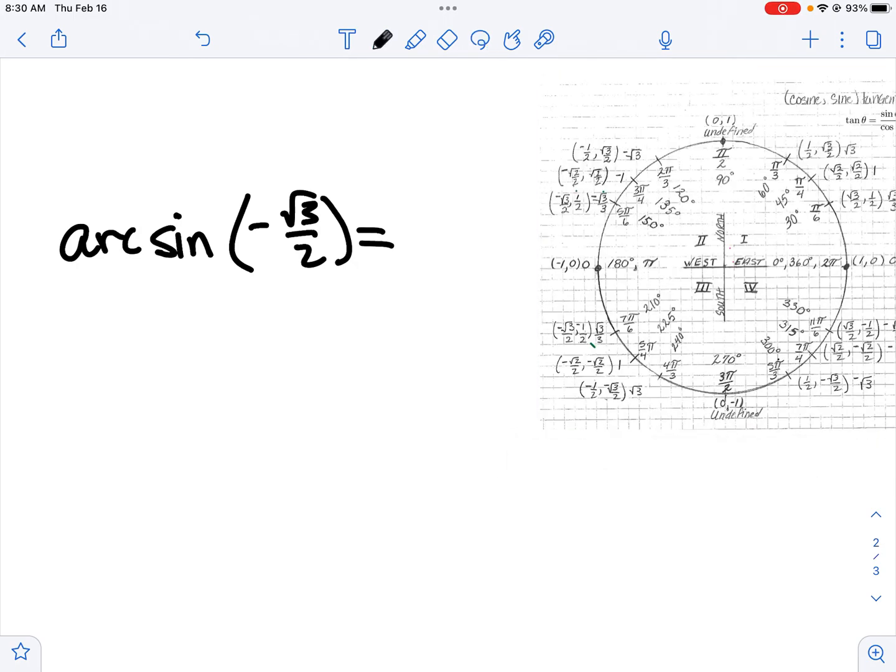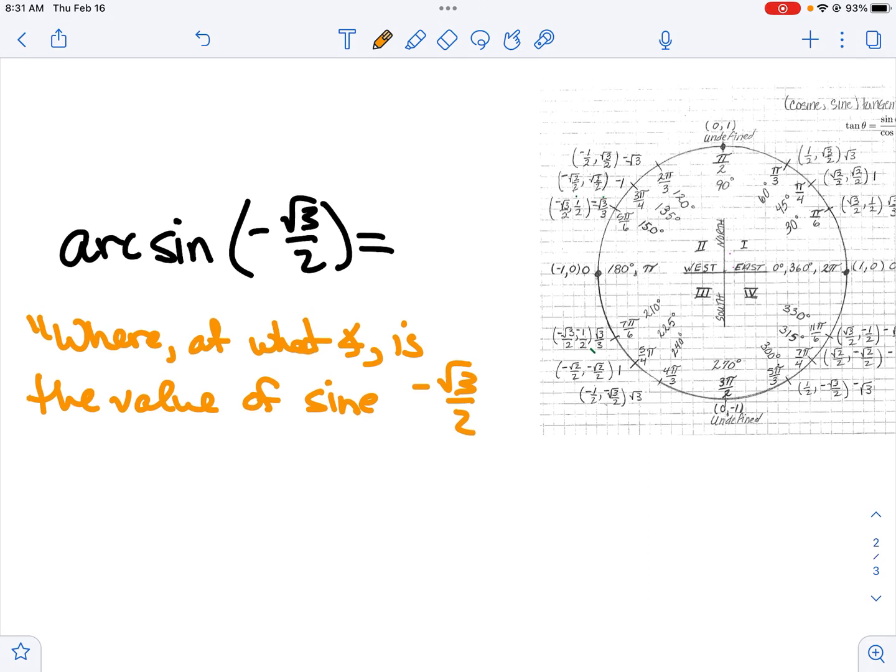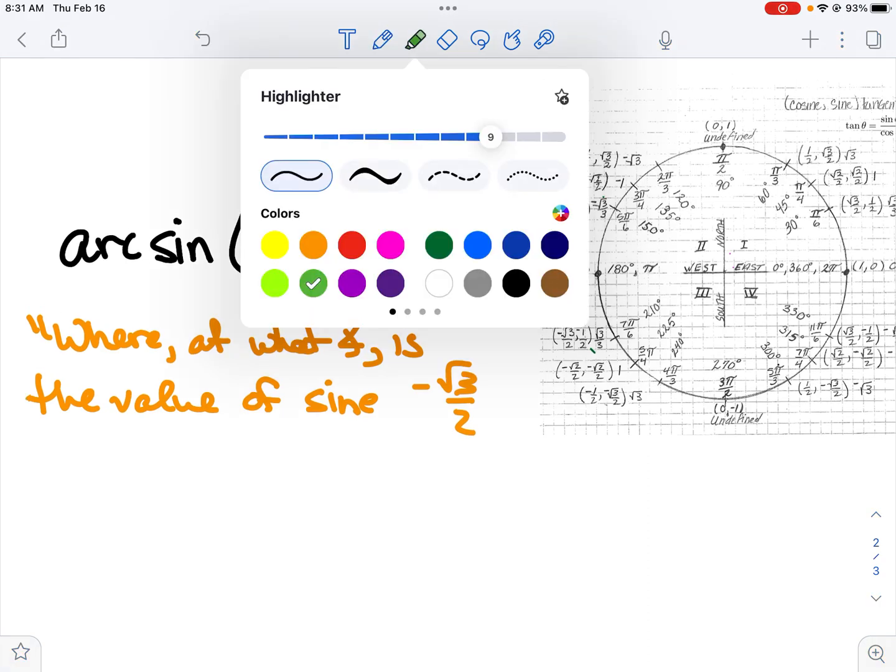You're going to remember that arc asks the question: where, or at what angle, is the value of sine negative root 3/2?